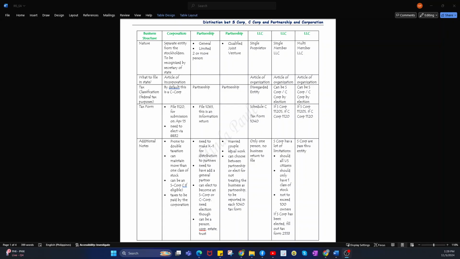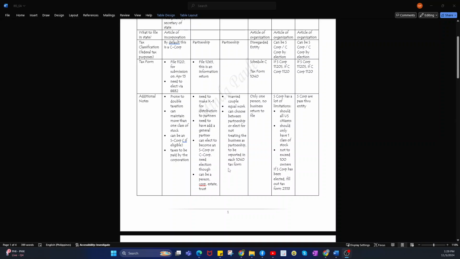For a qualified joint venture, by default this is a partnership, but if they wouldn't like it to be classified as a partnership for federal tax purposes, they can elect to have it treated as part of their 1040.